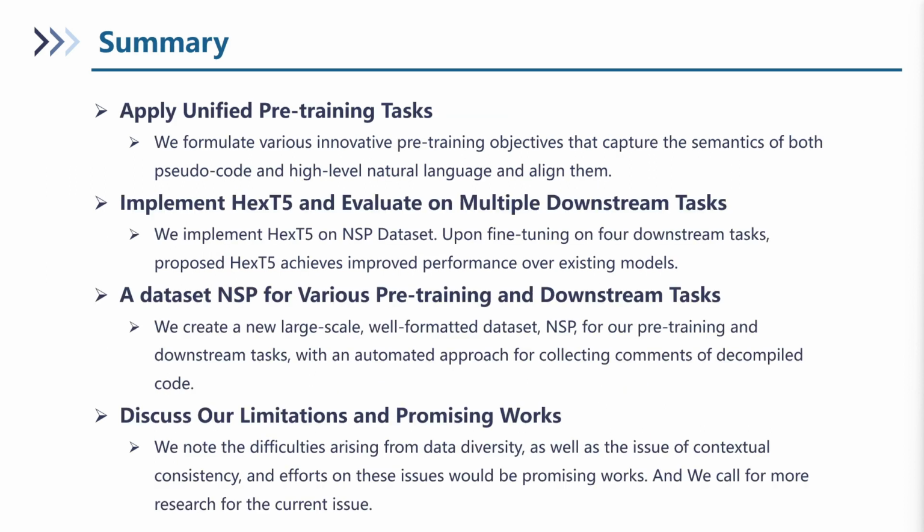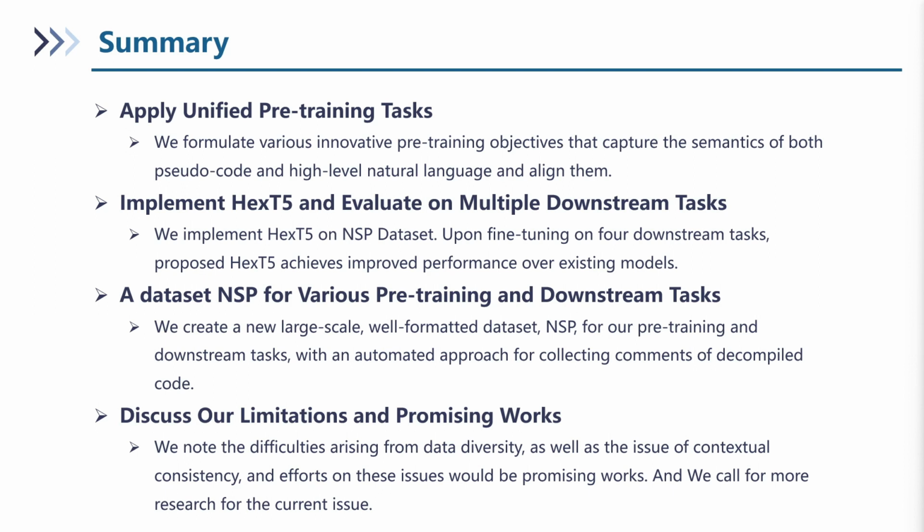Now, let me summarize our work. We formulate various innovative pre-training objectives that capture the semantics of both pseudocode and high-level natural language and align them. And we implement HexT5 and evaluate it on 4 downstream tasks. The results show that it outperforms existing methods.